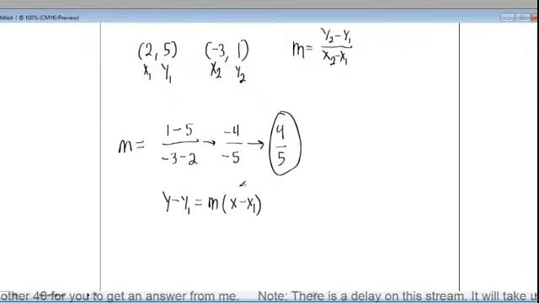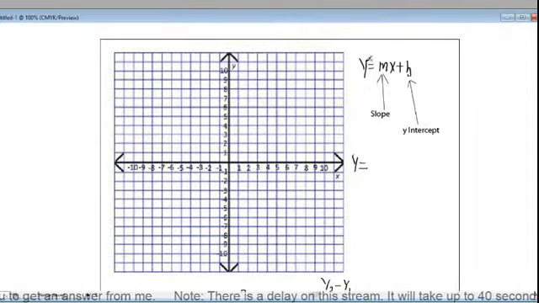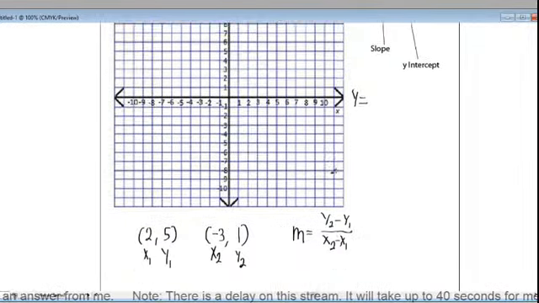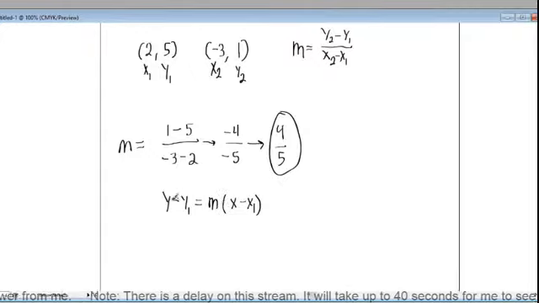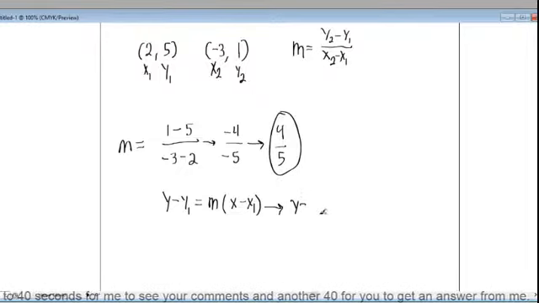Now y and x are the generic y and x, like we have here. So they're not going to change. We don't need to plug anything in for y and x. They're just going to stay like that. It's only y1 and x1 that we're going to plug things in for, and of course m. So if we plug things in, this would be y minus y1, which is 5.